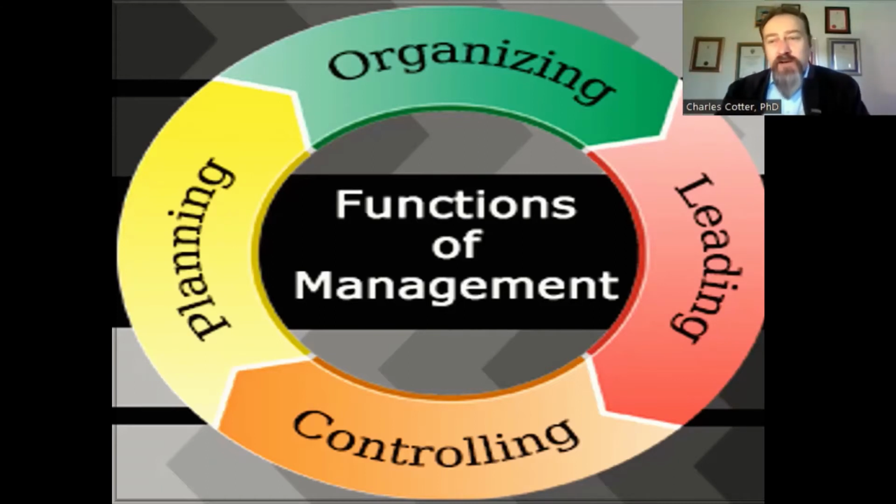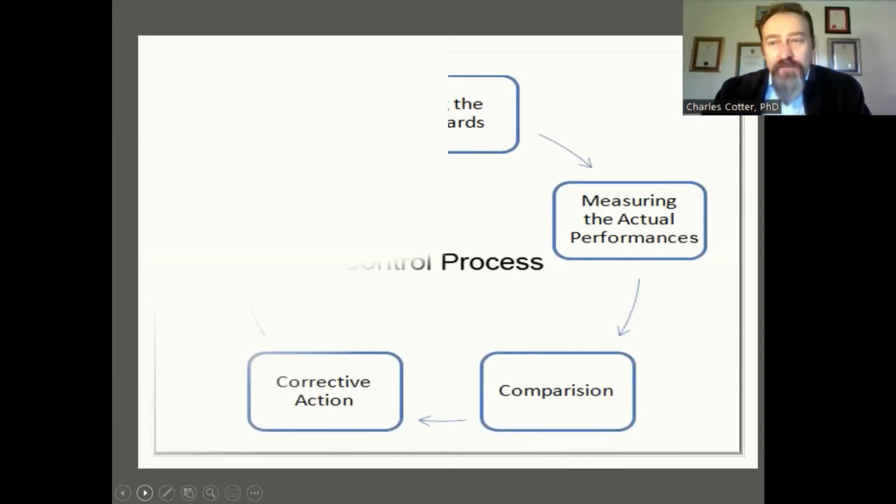When you exercise the control function, which I'll get to very shortly, I'm going to refer to the MERC acronym. We need to monitor, we need to evaluate, we need to report, and we need to control. In exercising that control function, you can then compare the actual performance to the targeted or the planned performance.